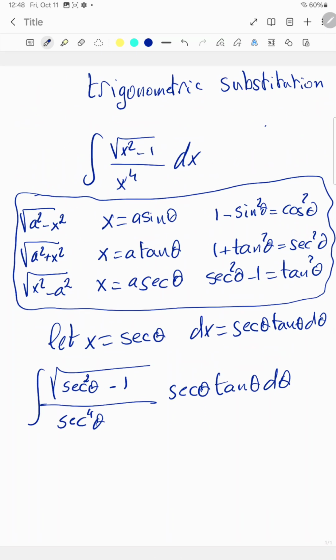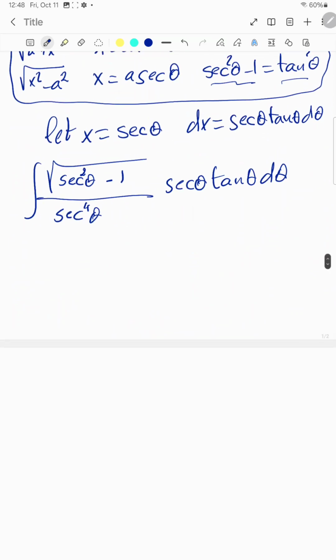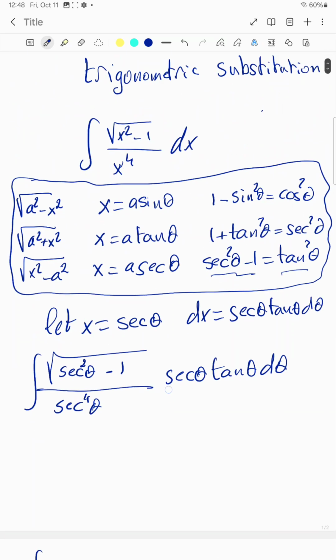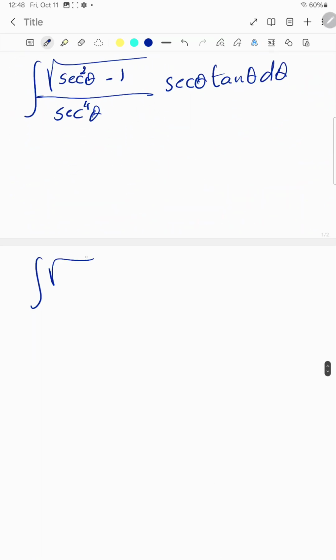But now, we said we're going to use sec squared of theta minus 1 is equal to tan squared of theta. Here it is. I know sec squared of theta minus 1 is equal to the square root of tan squared of theta, divided by sec to the power of 4 theta, multiplied by sec theta tan theta d theta.